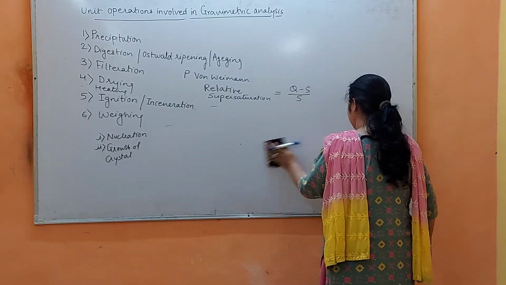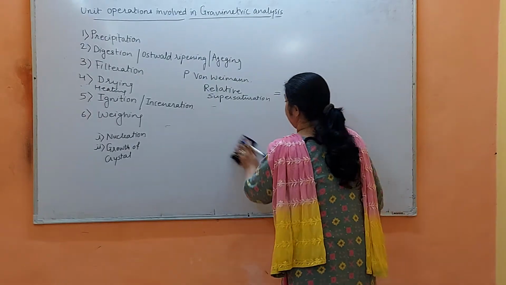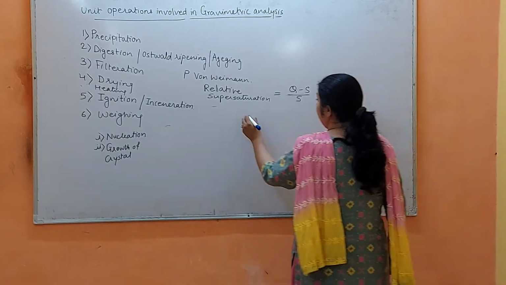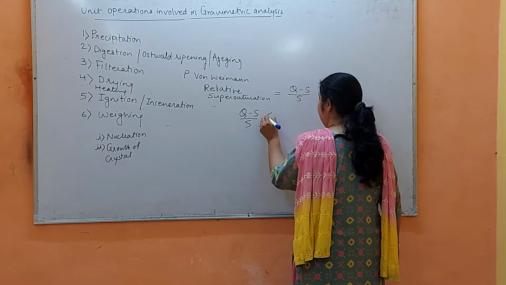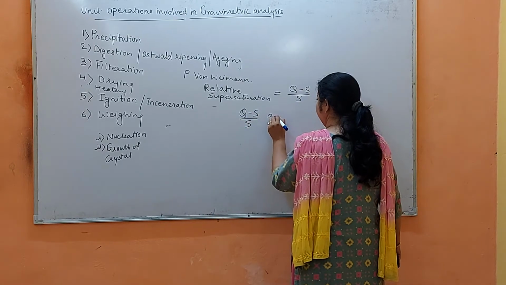Now see, for precipitation, this Q minus S upon S should be as small as possible.